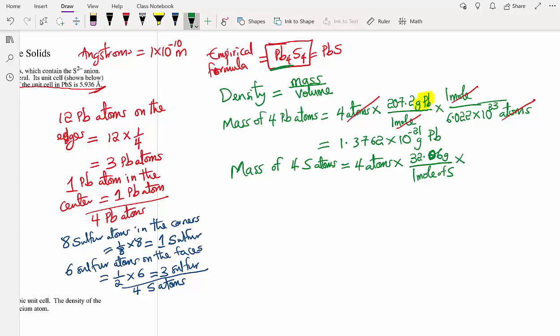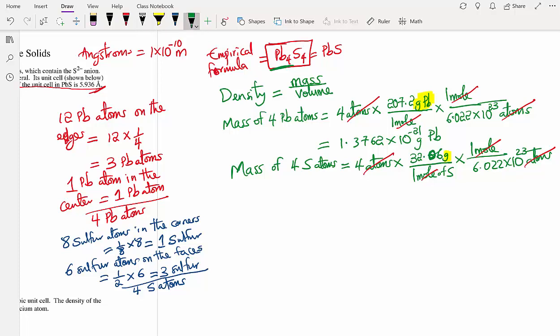And we know that 1 mole of any substance will contain 6.022 times 10 to the power of 23 atoms. So, if atoms cancel out and moles cancel out, what we end up with is the grams of sulfur.